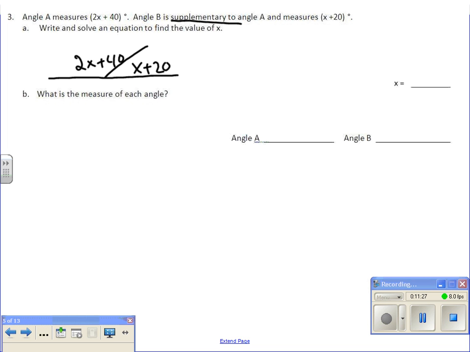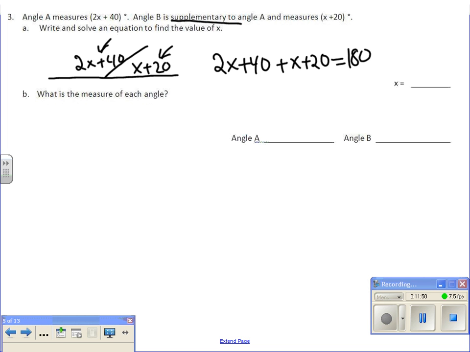To make my equation, I'm going to add this angle to this angle, and they're going to equal 180 degrees. So 2x plus 40 plus x plus 20 is equal to 180 degrees.